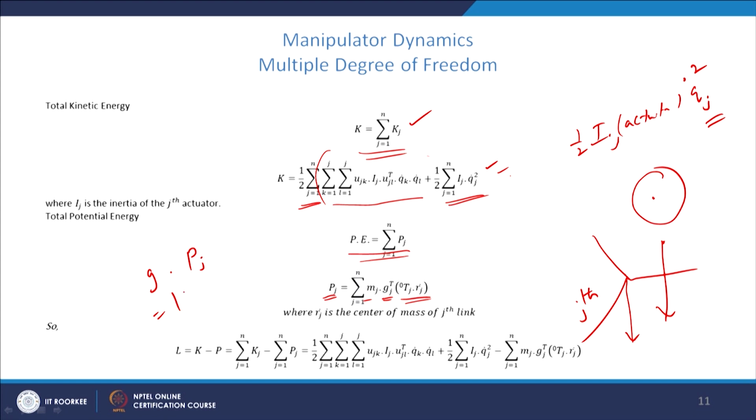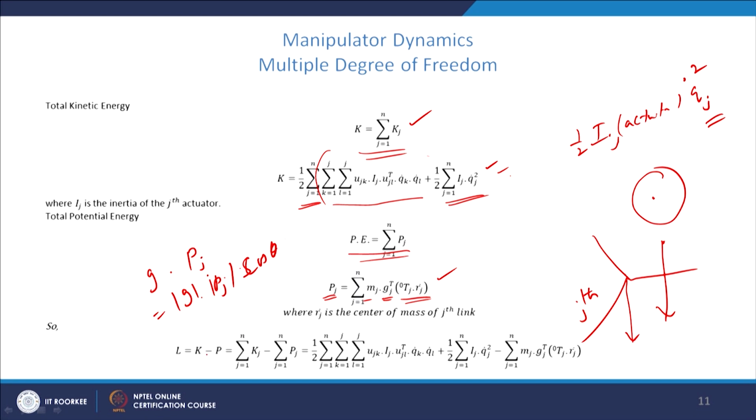This will give modulus of the gravity vector, and this is modulus of Pj, into cos of the angle between these two vectors. So, it means it is the projection of the gravity vector on the perpendicular vector. So, it gives mass into gravity into height. So, this gives the potential energy formula.